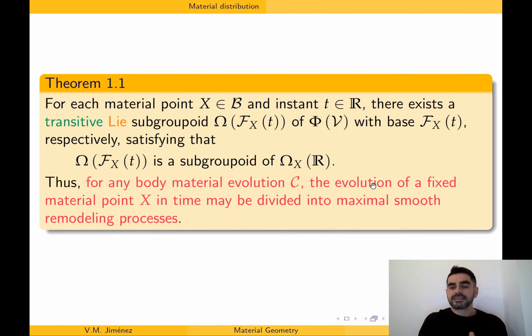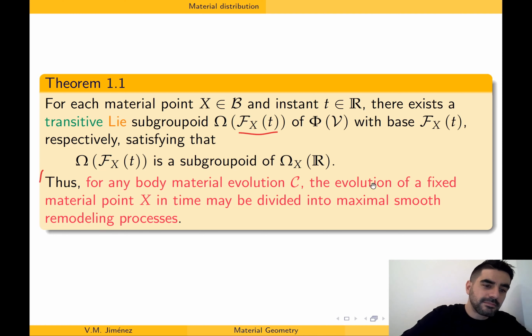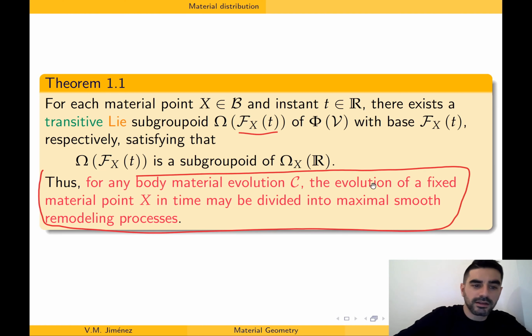Let me present just a couple of results to show you the meaning and the usefulness of these tools. So first, the material foliation. The base material foliation, you know, was a foliation of R, and the meaning of this result is this one.